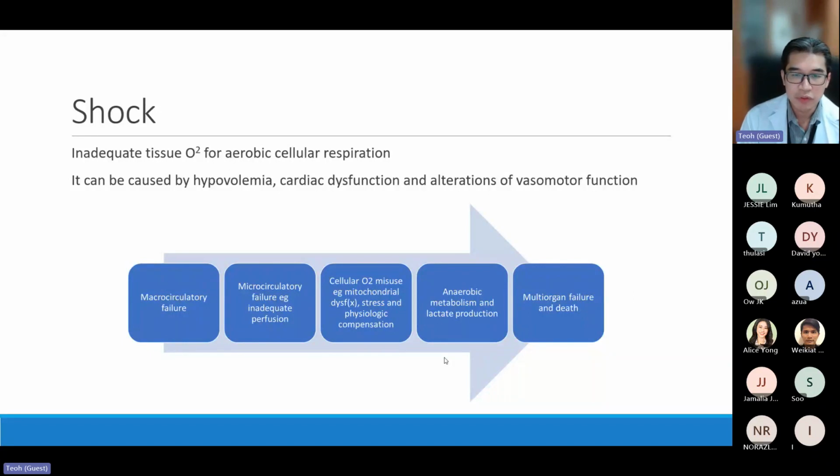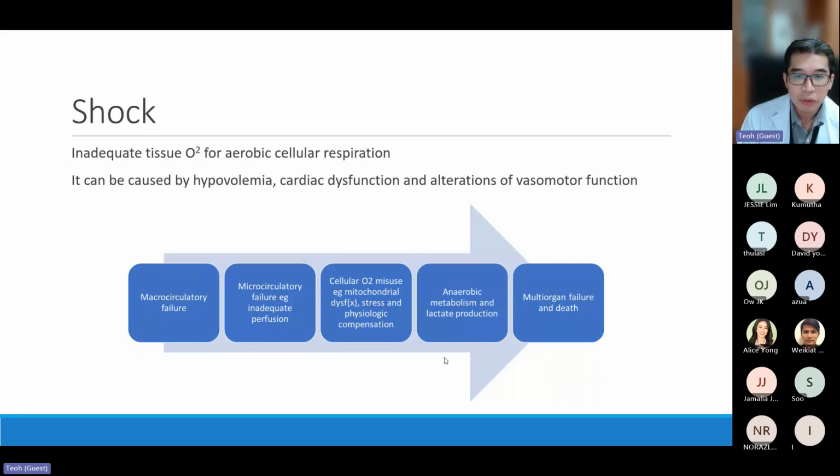the metabolic acidosis. And apart from circulatory failure, there's also a cellular level mismatch between the demand and supply. For example, if the patient has an increase in oxygen consumption at the cellular level, it will cause tissue hypoxia as well.